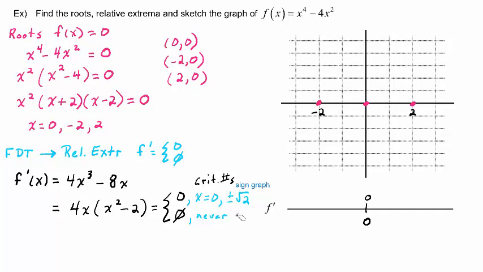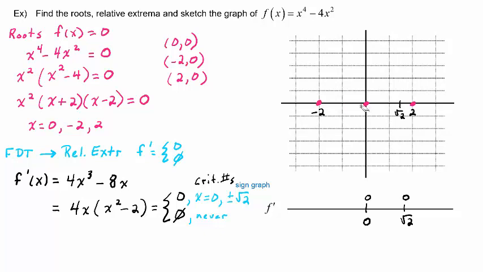Then we have to plot x equals plus and minus radical 2. Now we know that radical 2 is about 1.4. So radical 2 is going to line up here. Let's bring that down on the sign graph. We know the derivative is 0 there.